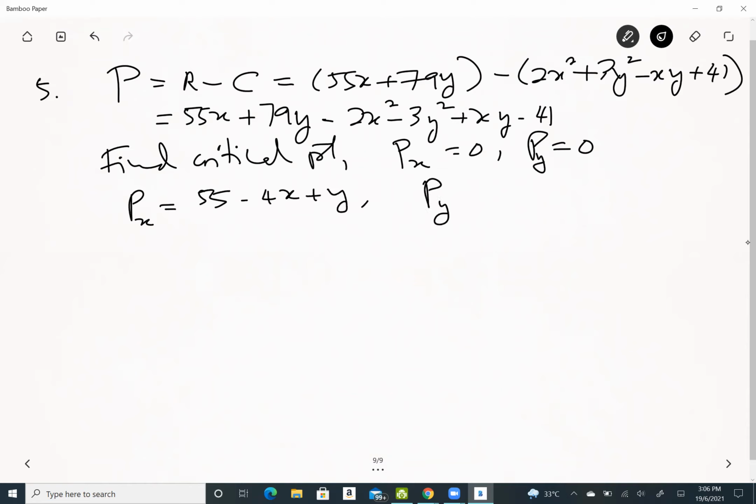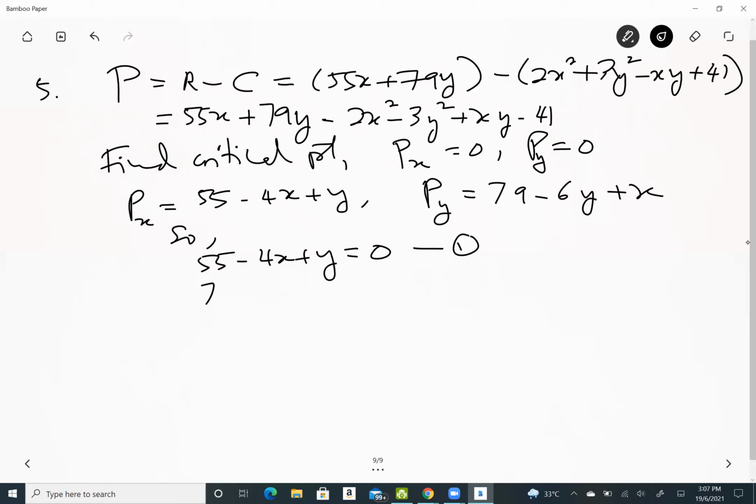And then you got Py equal to 79 minus 6y plus x. Now set that to 0. Okay. So you have the two equations. So you got 55 minus 4x plus y equal to 0.